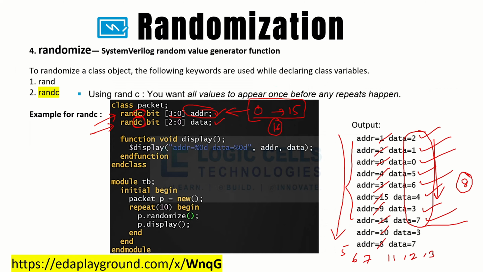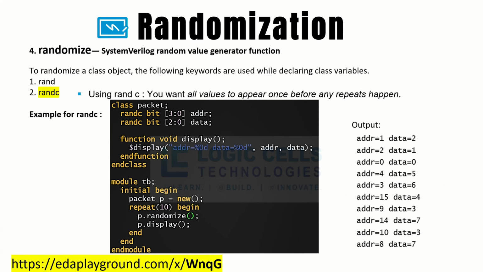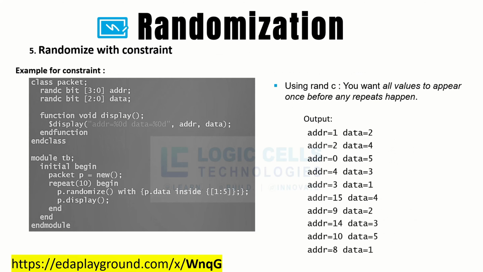Then, is randomization sufficient here with these features? No. We need some more constraints. We need some more rules to add with the randomization. See here in this example, we have that. Look at this line, p dot randomize. With this condition, you are putting a condition to the randomizer: let p dot data generate inside 1 to 5.